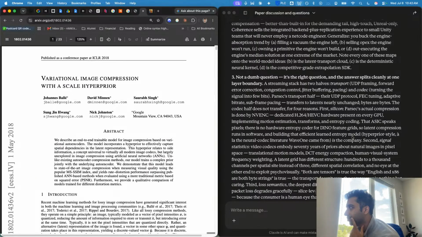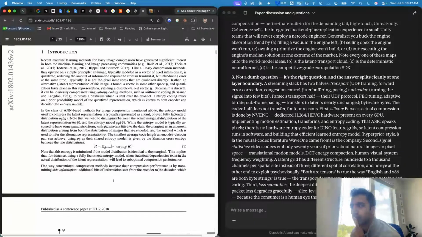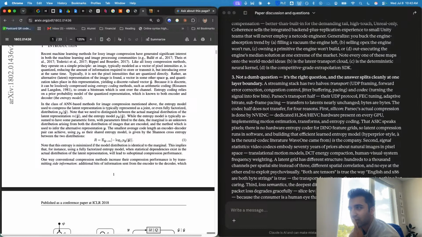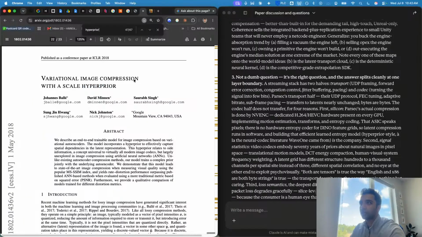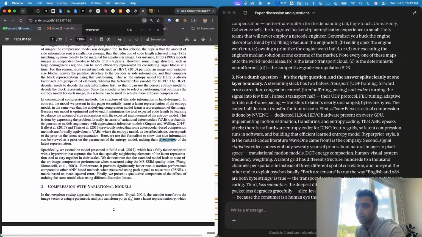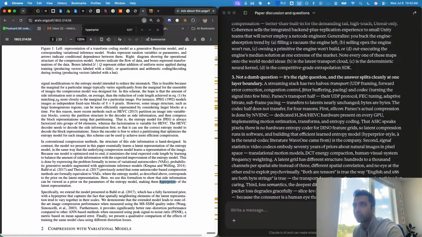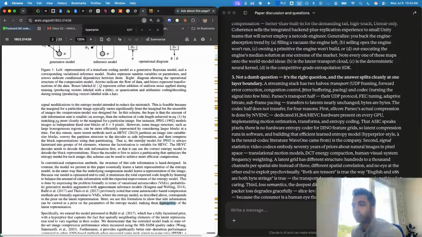But what is the hyper prior here? Hyper prior is the prior on the distribution of the discrete latent. Where does this paper say hyper prior? Effectively capture spatial dependencies in the latent representation. This. Okay, wait, let me get through the entire intro.